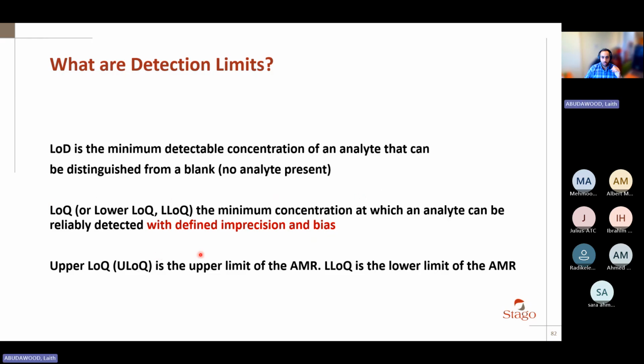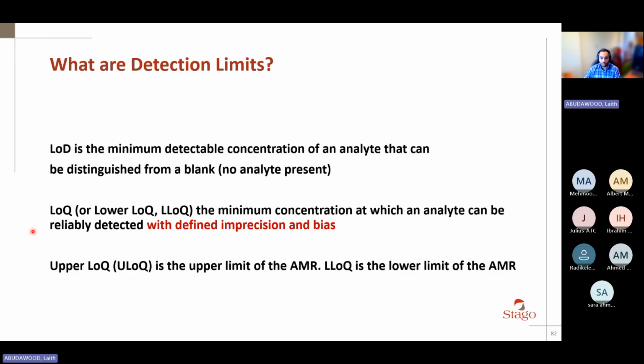Limit of quantification is the minimum concentration at which an analyte can be reliably quantified. Results between the limit of detection and the limit of quantification are a rough quantity, not very accurate. Anything above the limit of quantification is considered accurate and you can report it normally. You will see a table at the end of this presentation that summarizes what I just said.